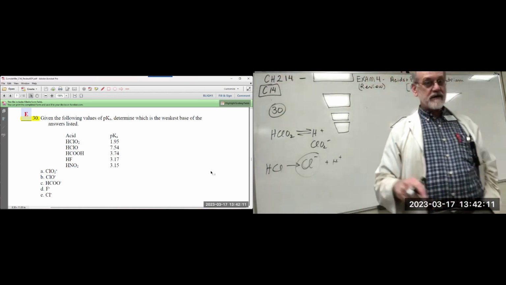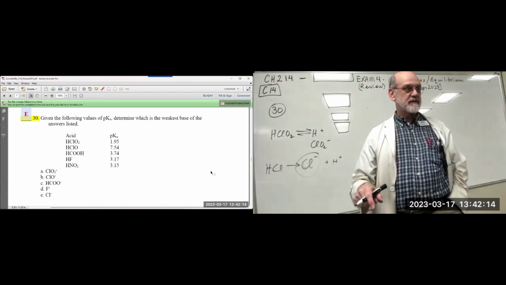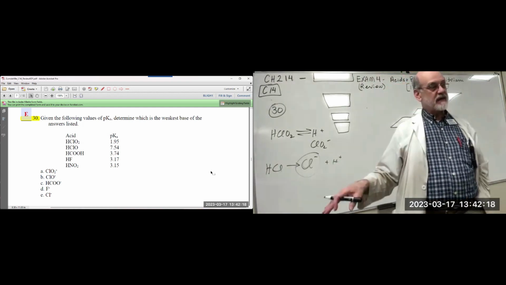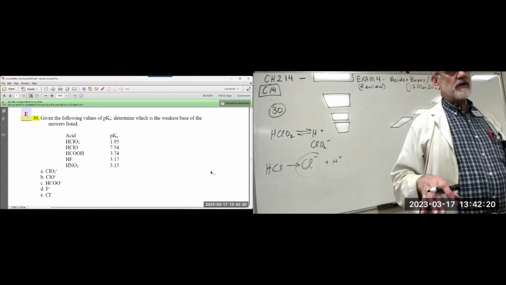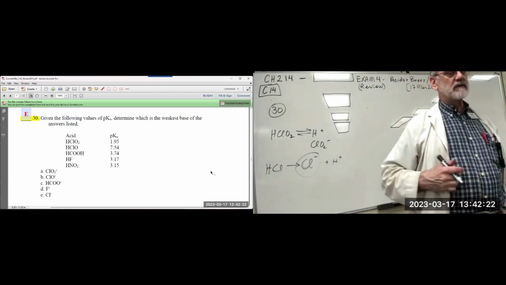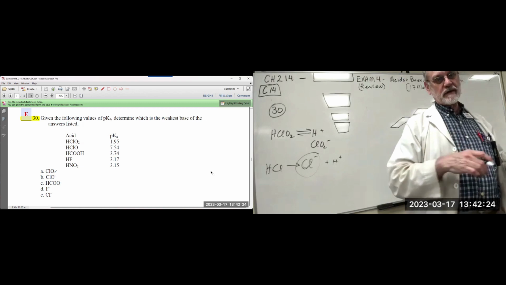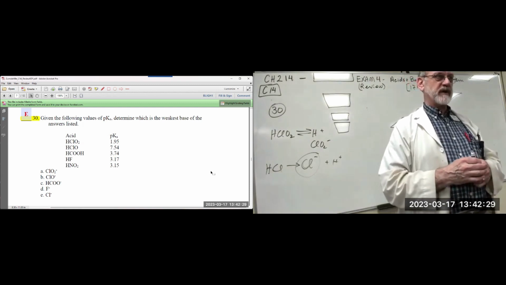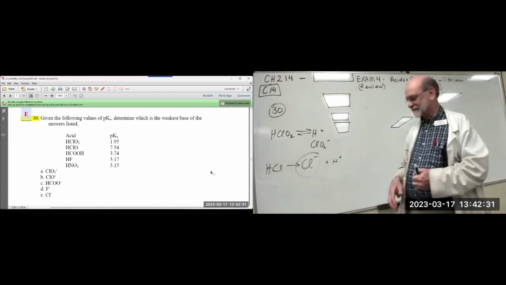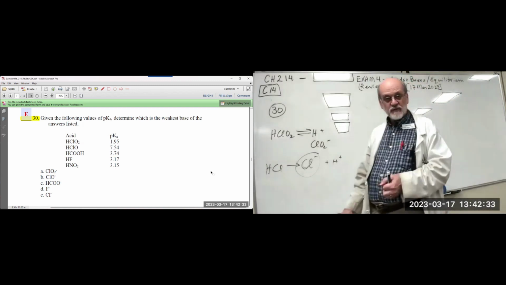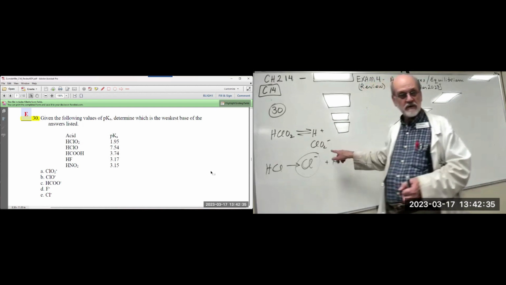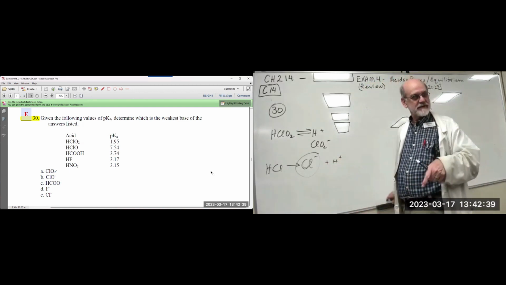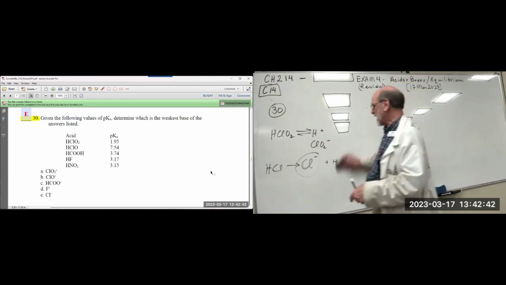Cl minus is the weakest base of that bunch because it comes from a strong acid. It doesn't even have a pKa because it's so small. It'd probably be negative. So that was a trick question. That's why I put that one in there. The temptation would be to go to ClO2 minus, until you look down there and say, uh-oh, Cl minus comes from hydrochloric acid.